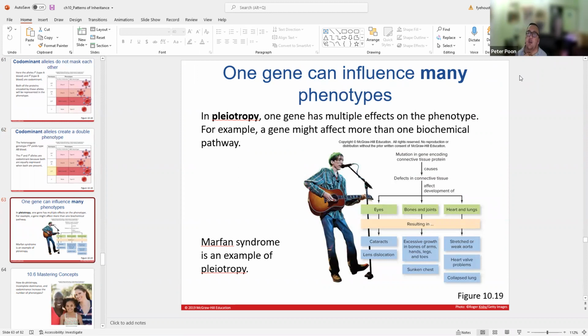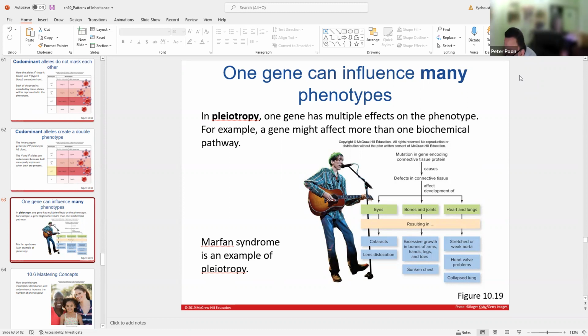Pleiotropy is where one gene has multiple effects on phenotype. For example, in this case, you have a gene that encodes a connective tissue protein. Connective tissue, you'll learn, is present in everything.